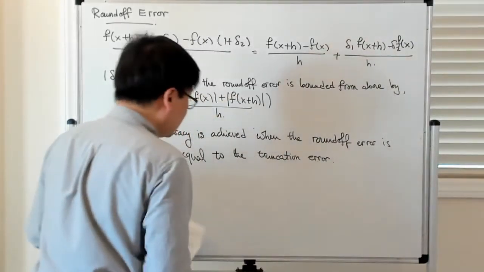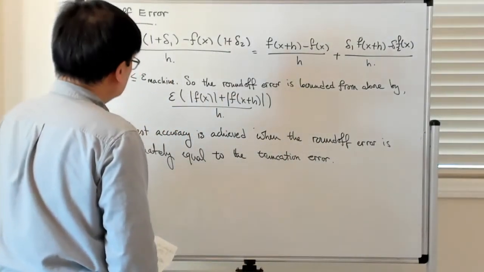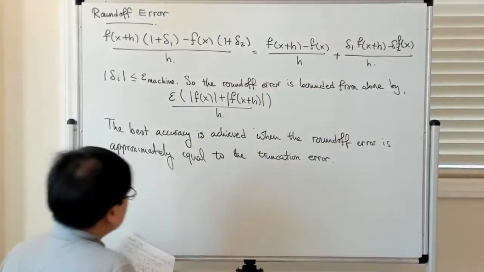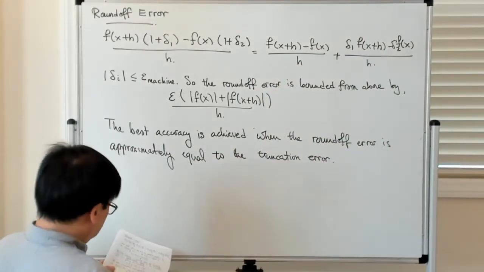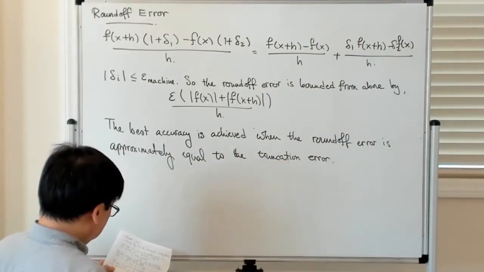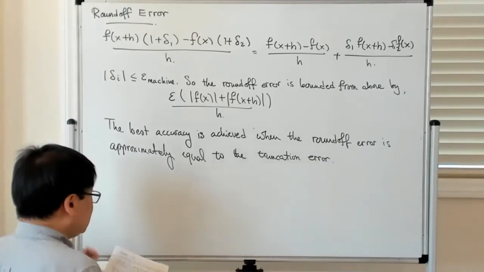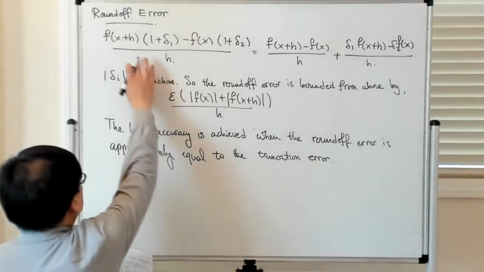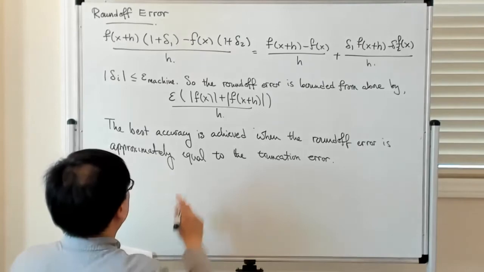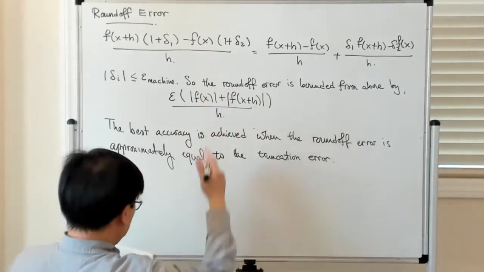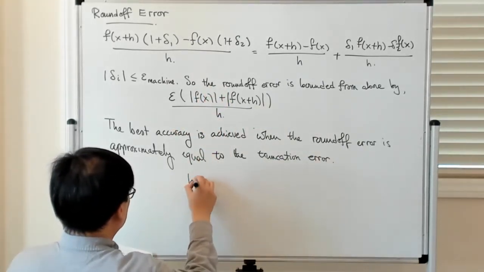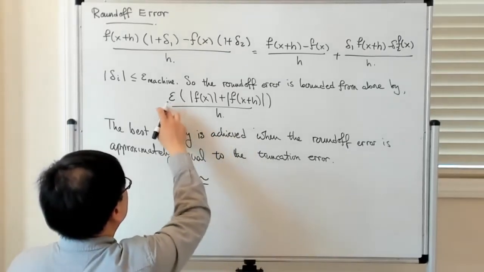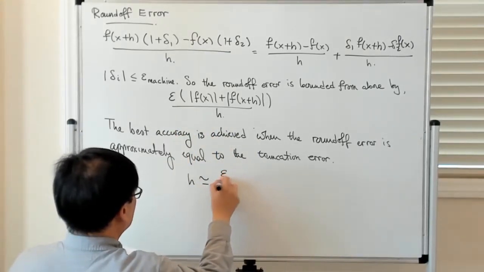And I'm going to ignore the constants. So in this one-sided difference case, if you recall, the truncation error was big O of h. So you want h to be approximately equal to the round-off error, which is epsilon over h.